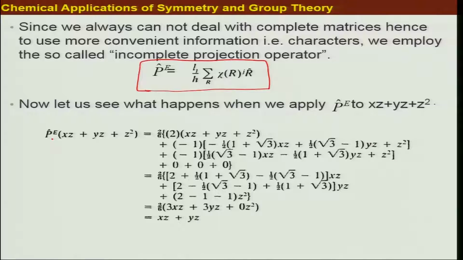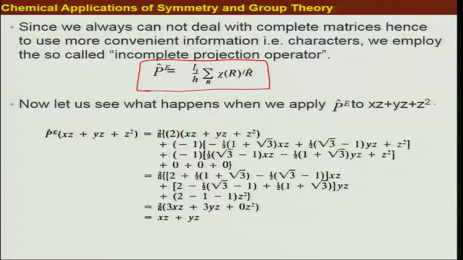So you find the character table for this C3v point group, and now you do the same thing here: the Li and Lj values remain the same, and instead of multiplying the effect of R on the function by the diagonal matrix element, here you directly multiply with the character corresponding to that particular symmetry operation.